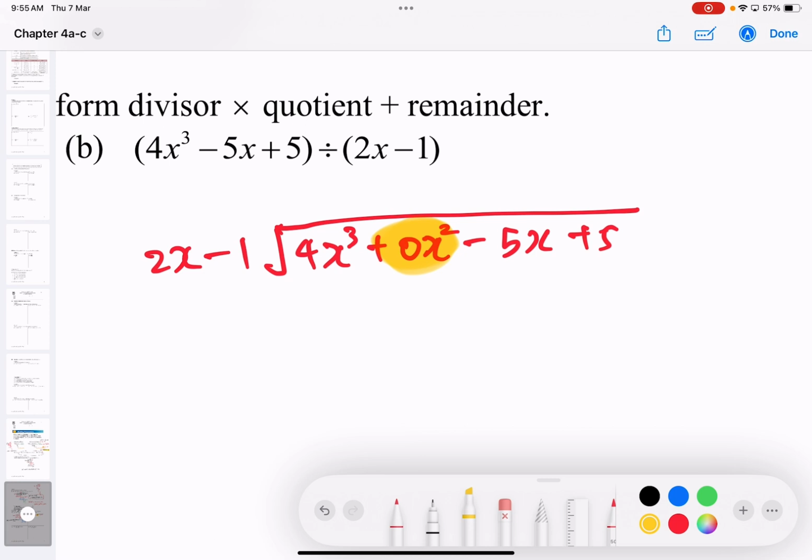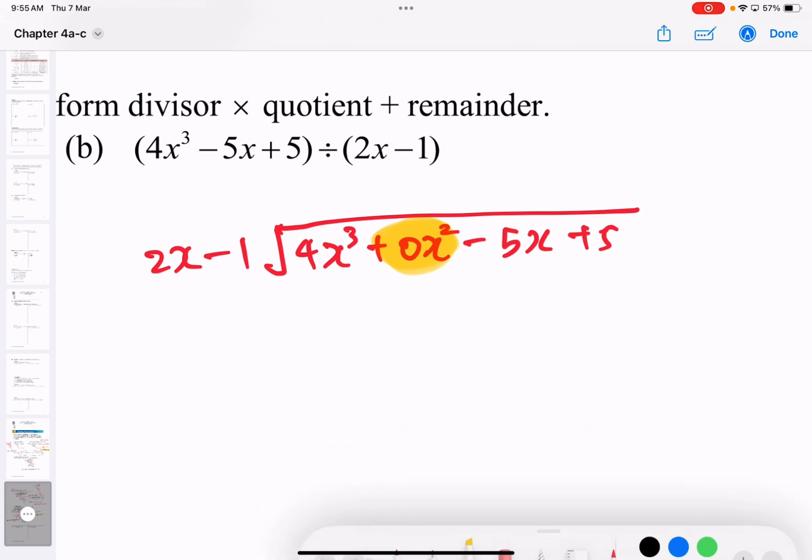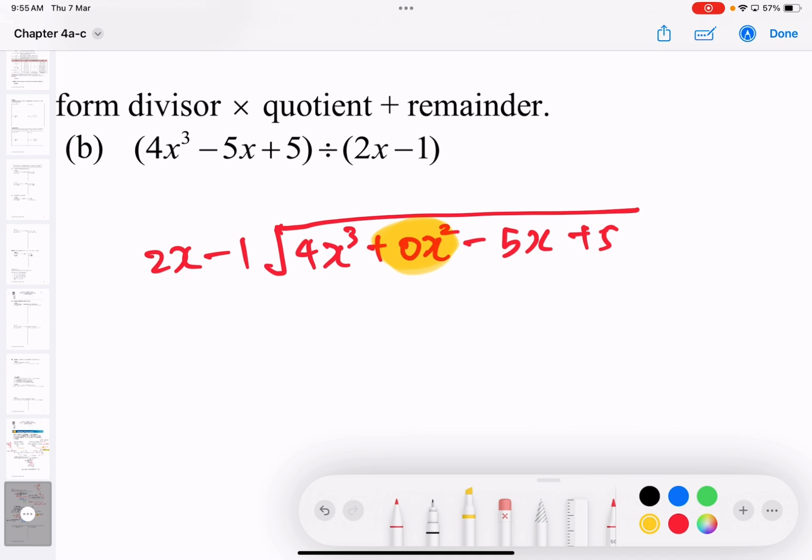Looks correct. If the final answer is correct, you should still get it correct.